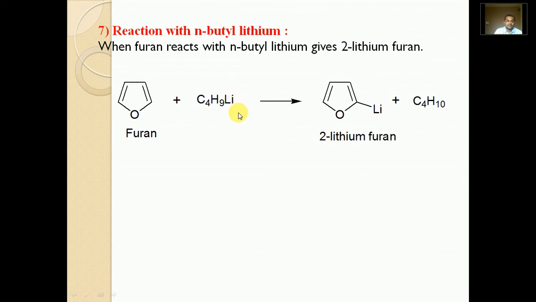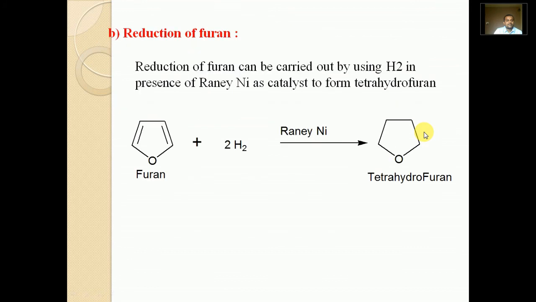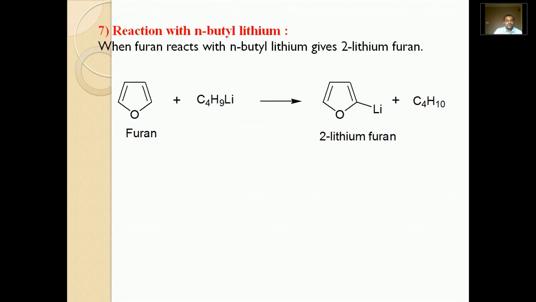That's why lithium, as an electrophile, attaches to the 2 position and forms 2-lithium furan. So when furan reacts with n-butyl lithium, it gives 2-lithium furan with butane as a side product. These are the different electrophilic substitution reactions of furan which take place at the 2 position to form particular products.